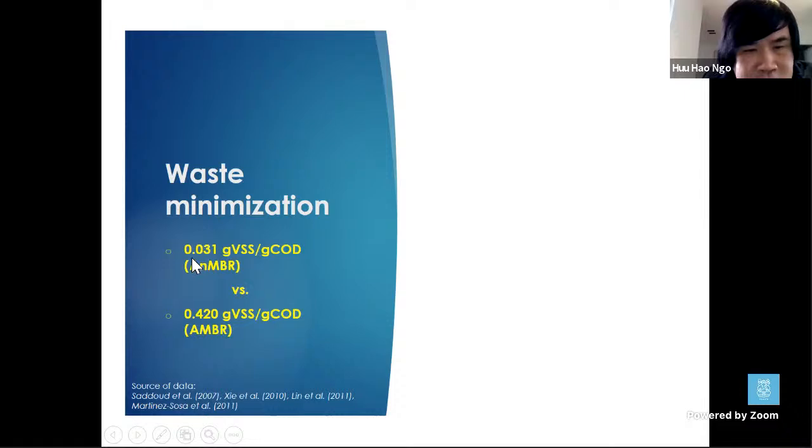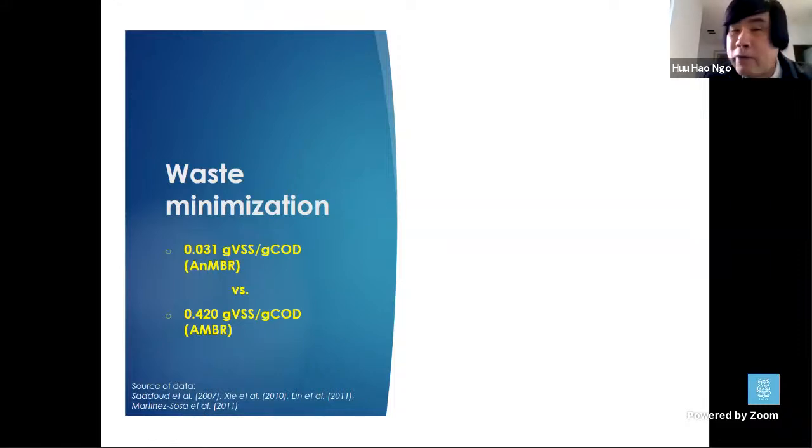For aerobic MBR it is only 0.031, and this one is 0.420 gram, too far away.